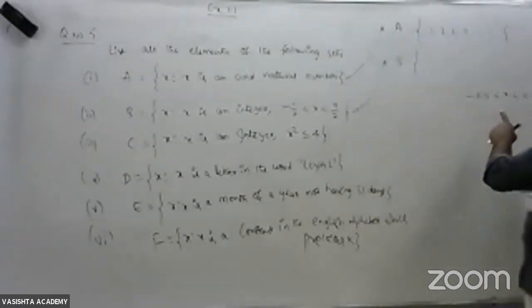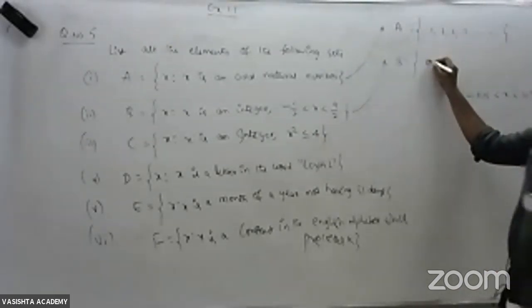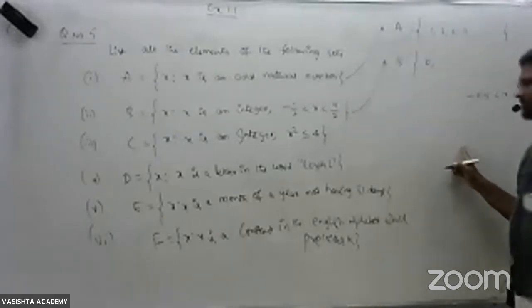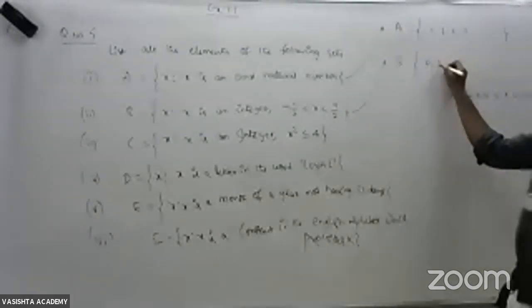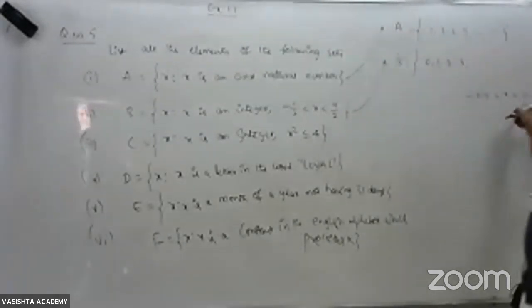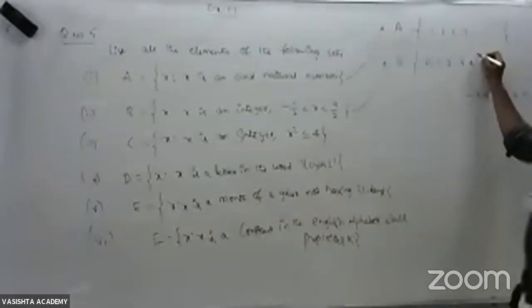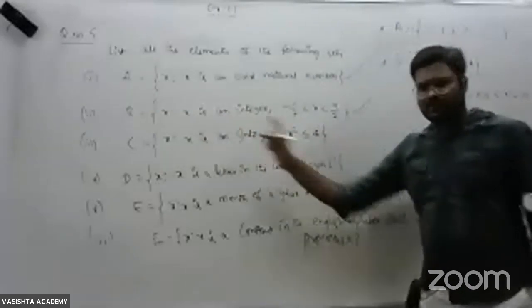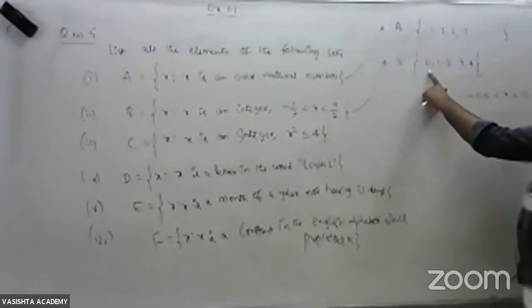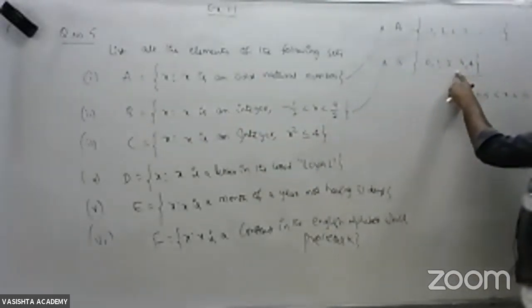Can you tell me the integers between minus 0.5 and 4.5? After minus 0.5, the integer is 0, 1, 2, 3, less than 4.5, so I can take 4 also. Understood? So this set B contains the elements 0, 1, 2, 3 and 4, right?